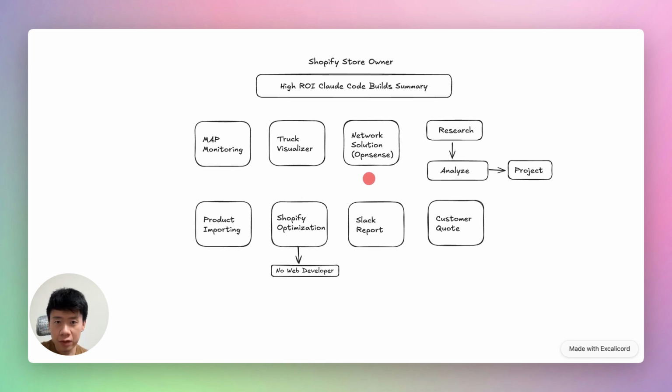And the network solution is one of the best, and also something I would never have thought of. But I did this by myself with the help of Claude Code. I created a routing service that allows me to browse the internet at the fastest speeds and with a stable connection from China.